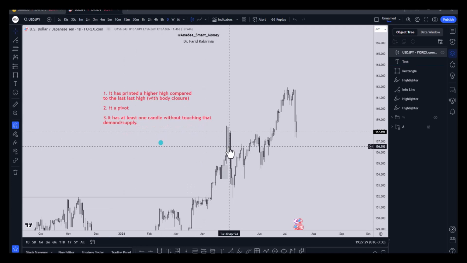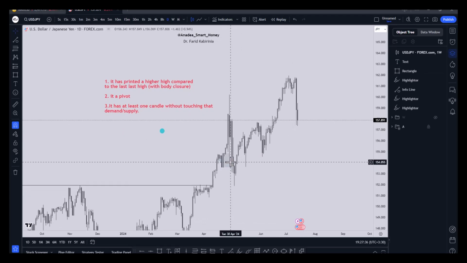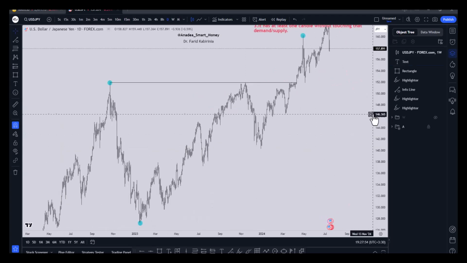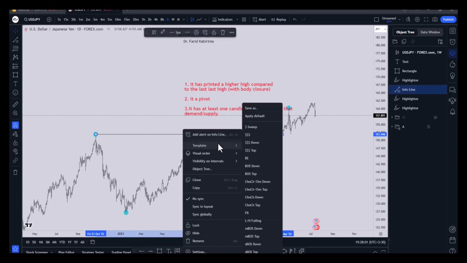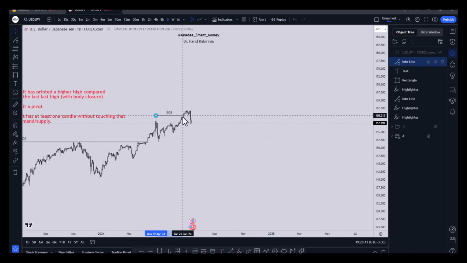It has 1, 2, 3 candles without touching this demand zone. So it's a valid demand. If price closes below this valid demand, our swing high is determined, and it has not been determined yet. So our daily range was here to here before breaking it to the upside, and it has broken to the upside. So this is our new daily range.